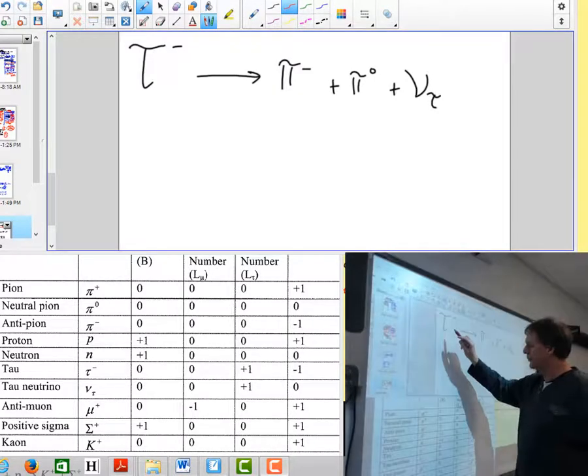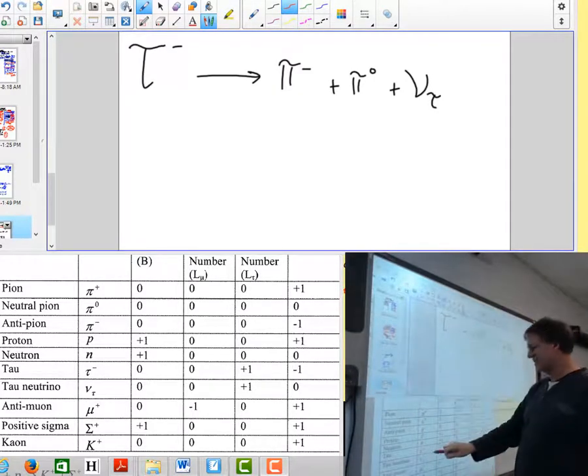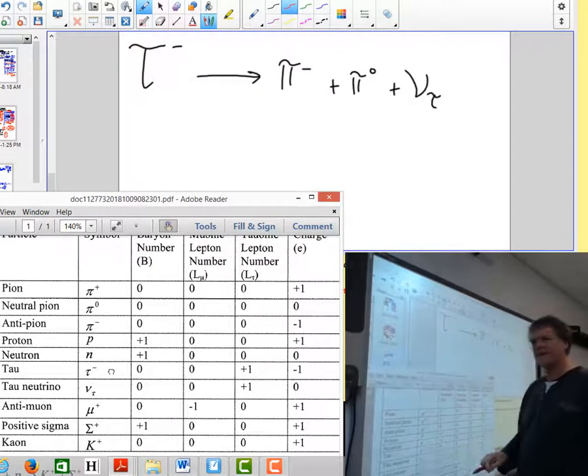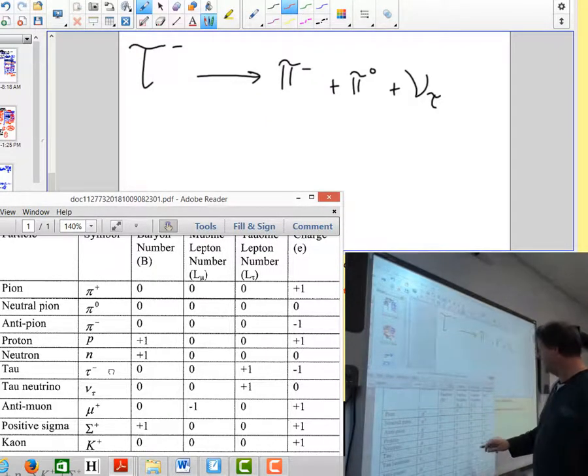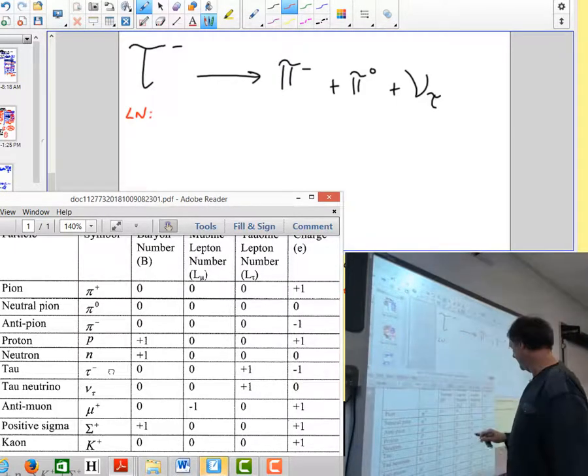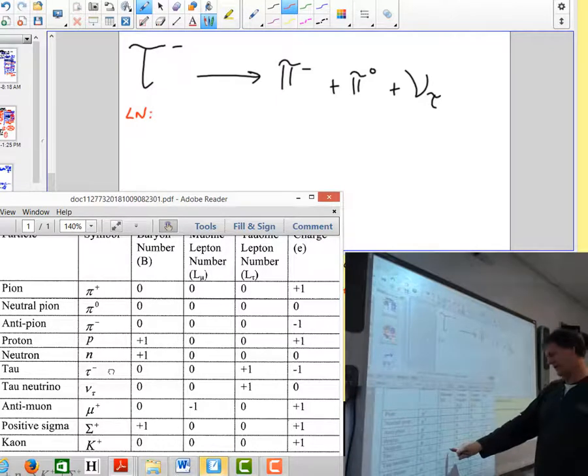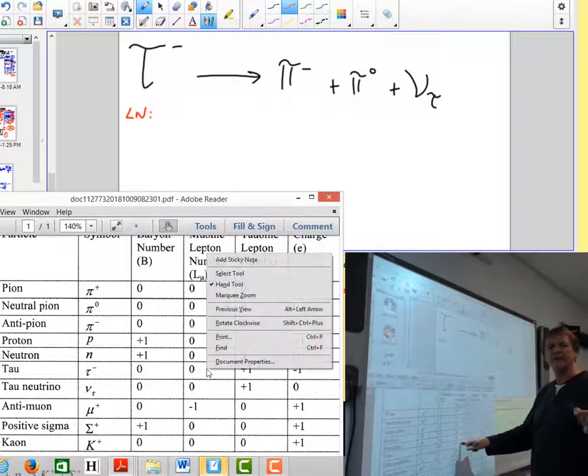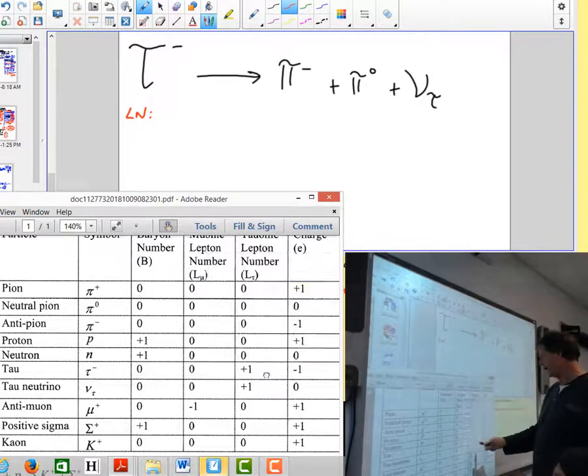Let's just look at one more example here. Let's look at the tau particle. This has a negative charge, so this is a typical tau particle. You can think of it as being the heavier version of the electron. If we go from lepton numbers first this time, this will have a muonic lepton number of 0, it'll also be 0 for the electron lepton number, and it's got a +1 for the tau lepton number.